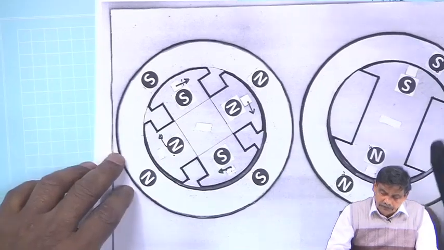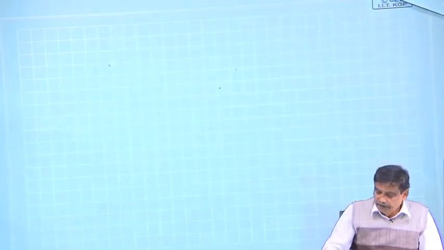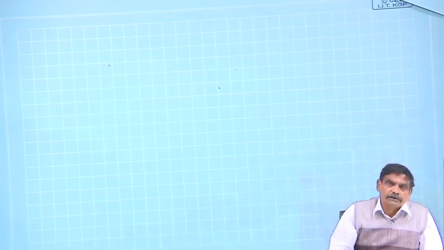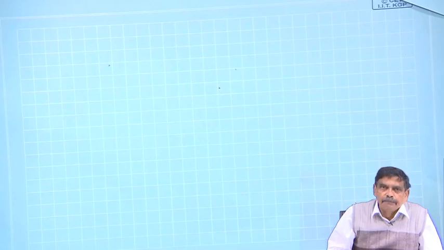So, we now know the underlying principle of operation is that the number of poles produced by stator and rotor must be the same, and for steady production of torque the angle between them must be the same. The point that the angle between them is the same, I discussed at length in my last lecture.